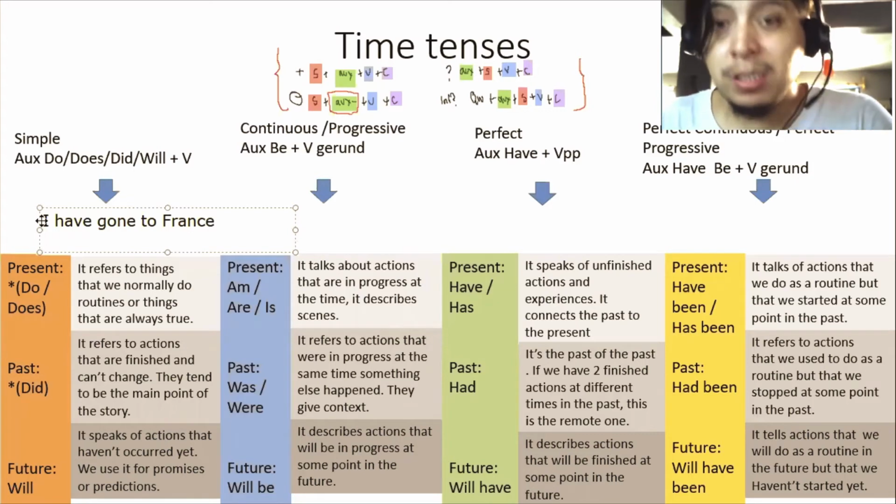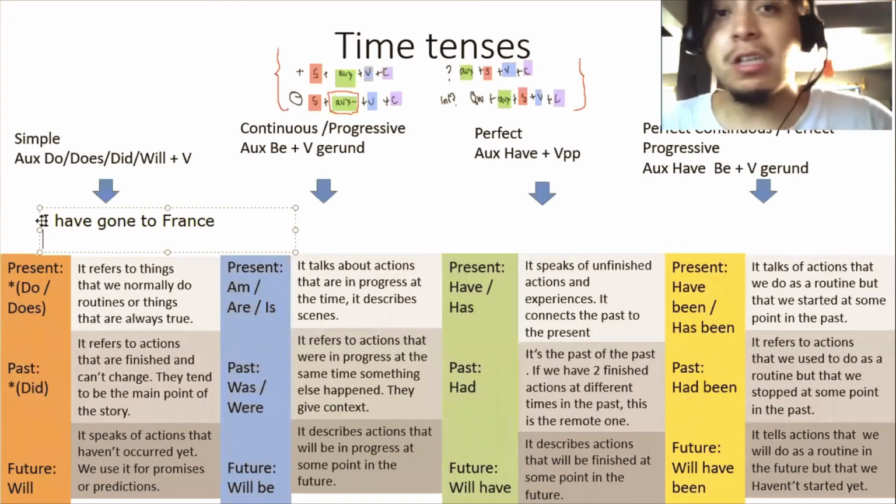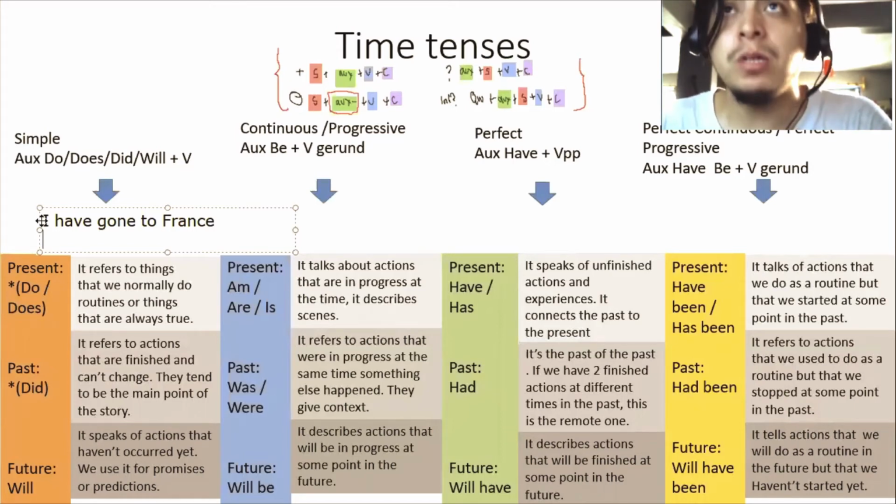It is an experience that you have. It doesn't matter how many times or how long ago it was. Maybe it was 10 years ago or 20 years ago, maybe it was last month. It is not important. Maybe you have gone one time, or maybe a million times. If you have gone to France, it means that you have the experience, okay?